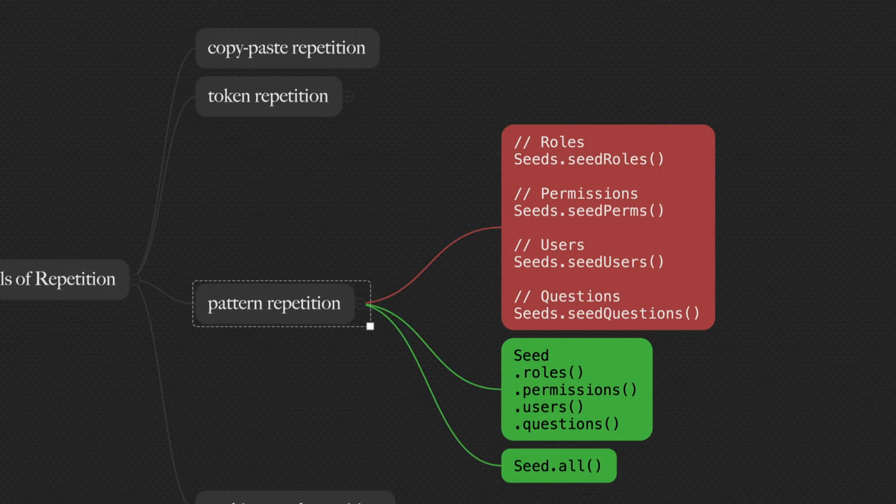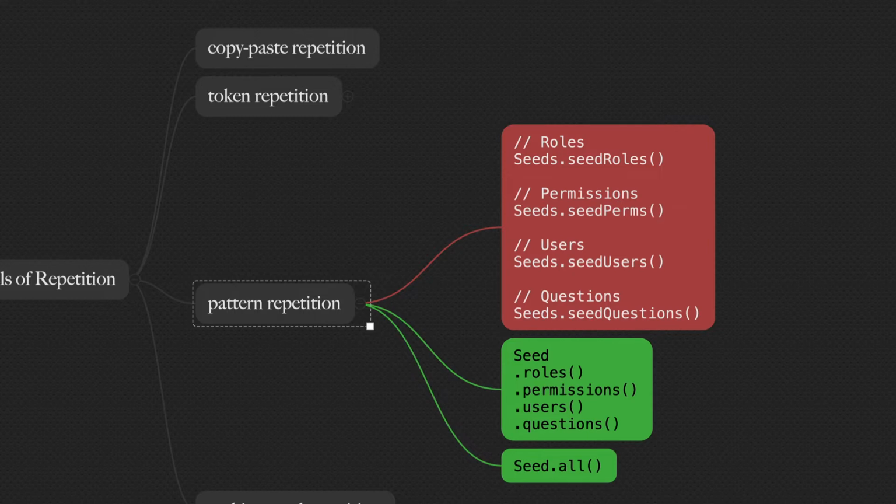And then you can do seed.roles, seed.permissions, seed.users, and seed.questions. And you can seed all 4 of those things without any duplicate strings at all. It's a much smaller chunk of code to maintain, and it requires a lot less repetition. So at the very least, it's less to read and it's less to write.